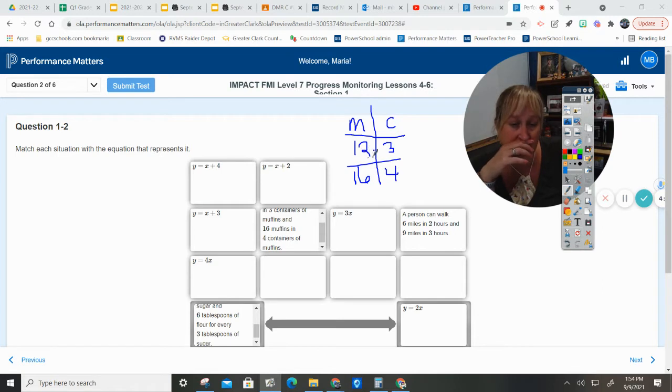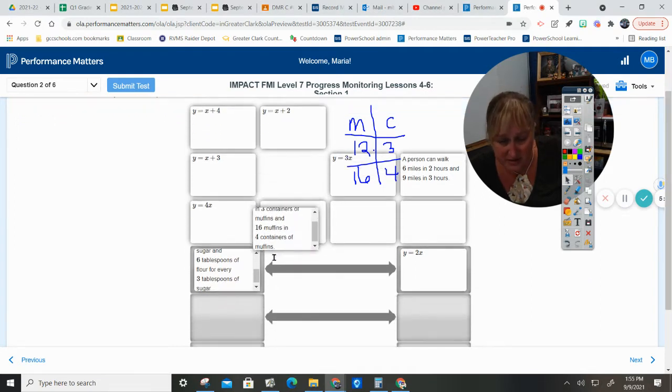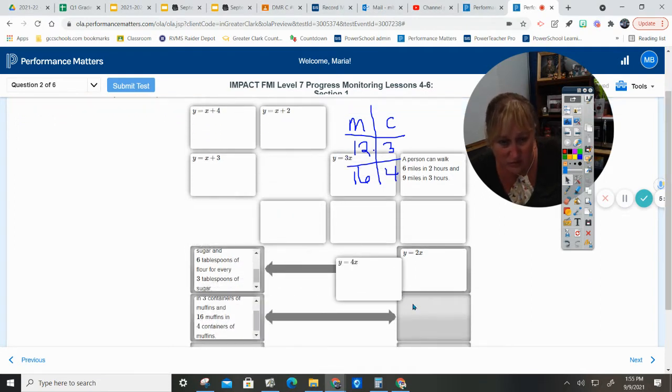So if I did this dividing, 12 divided by 3, 3 divided by 12. Well, 12 divided by 3 is 4. 16 divided by 4 is 4. So that makes my constant that keeps happening is 4. So my belief, and this is where it gets weird, is that this one goes with this one.